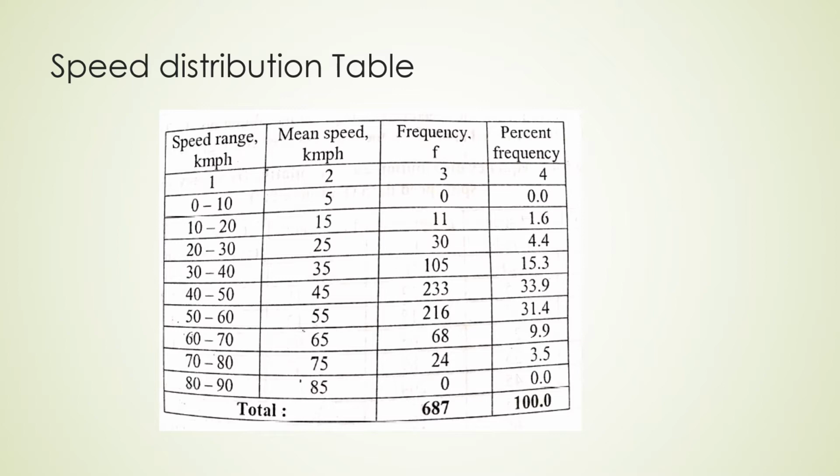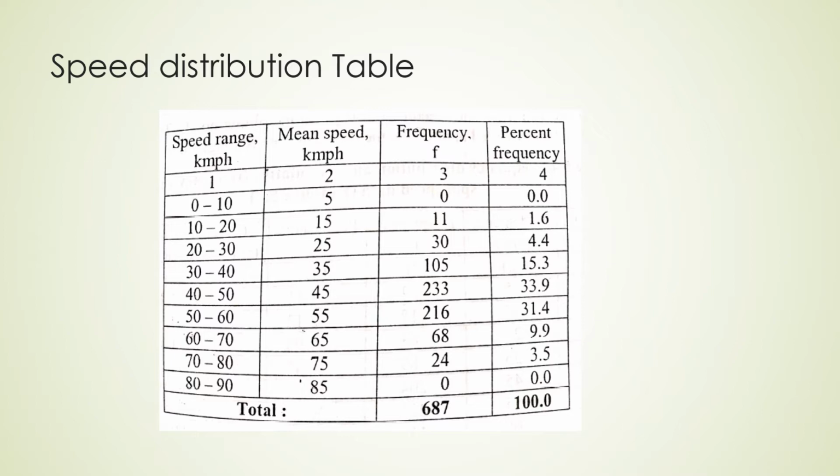Between 0 km per hour and 10 km per hour, how many vehicles are having that speed is denoted by the frequency F. Speed range denotes the range in which you want to see how many vehicles are having that speed.